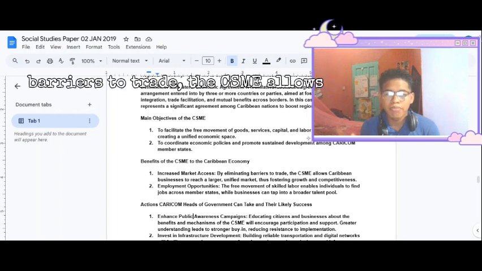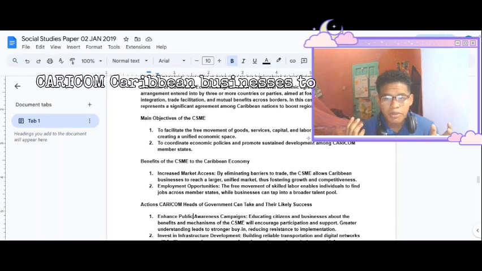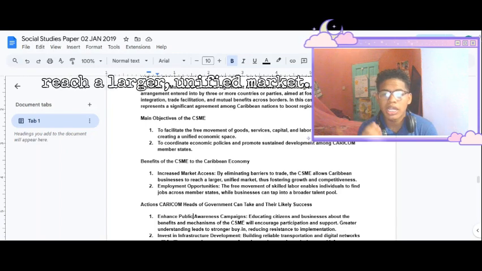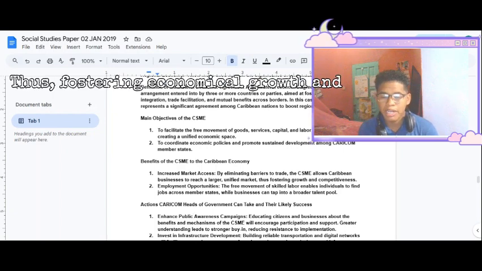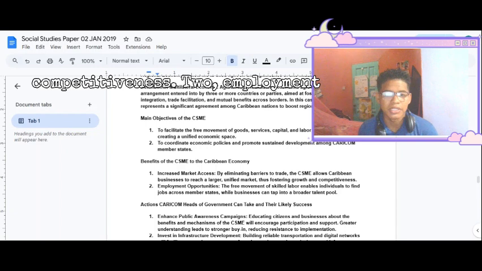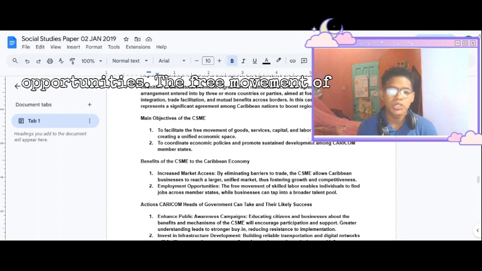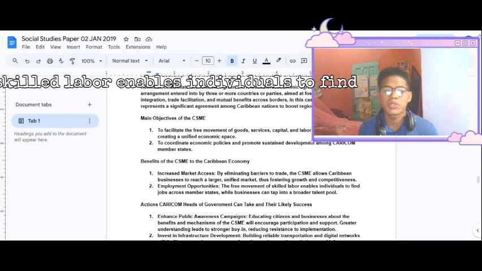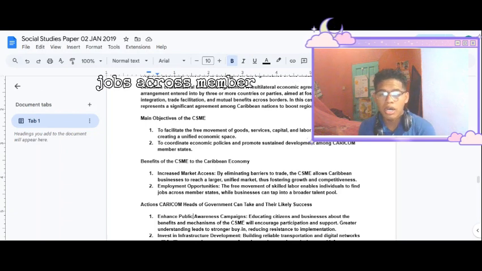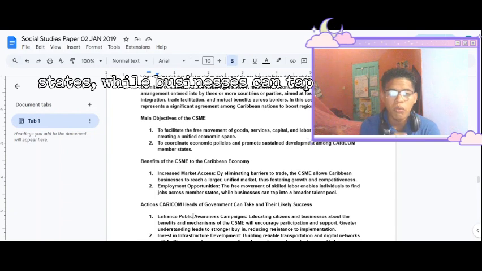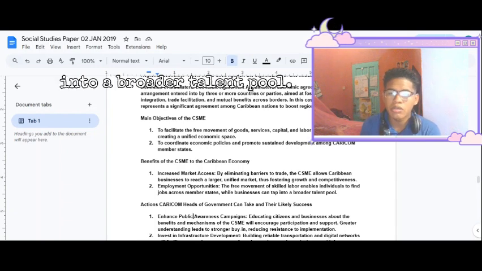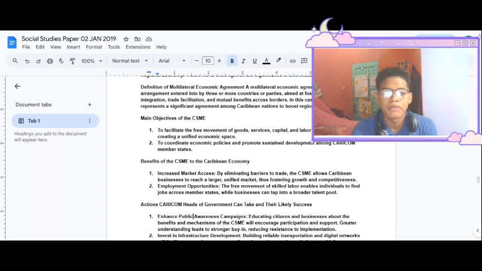By eliminating barriers to trade, the CSME allows Caribbean businesses to reach a larger unified market, thus fostering economic growth and competitiveness. 2. Employment opportunities. The free movement of skilled labor enables individuals to find jobs across member states, while businesses can tap into a broader talent pool.